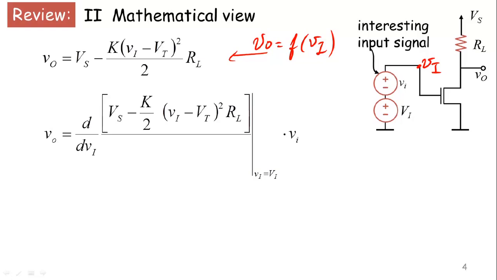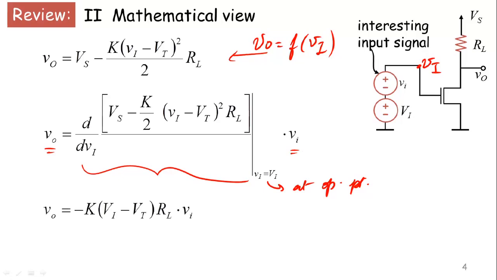As I mentioned earlier, the derivation involves taking the slope of the transfer function at the point vI equals capital VI, the operating point, and then multiplying that by small vi. That gave me the small signal output.